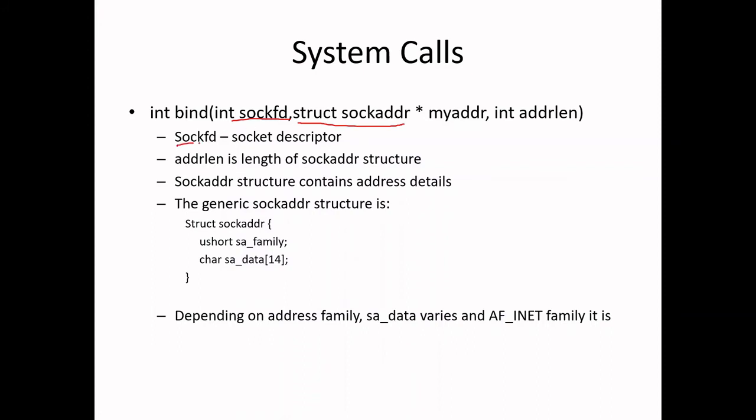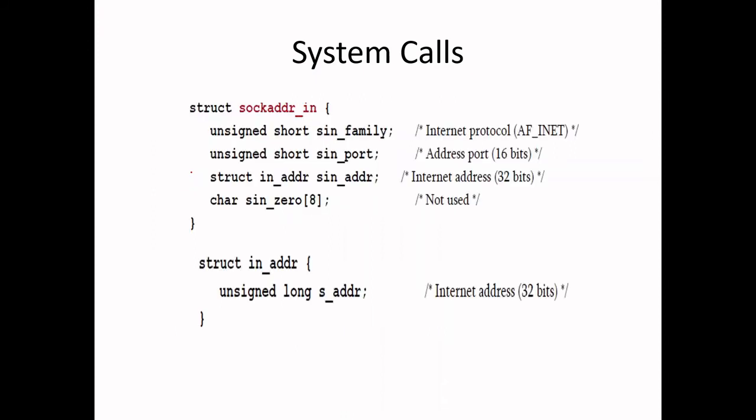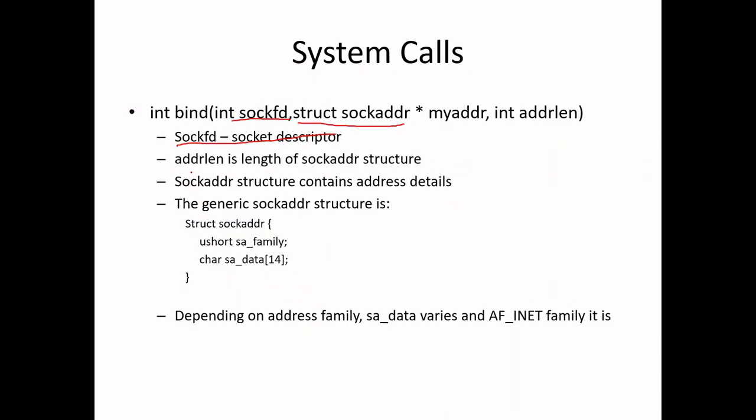The first parameter is the socket descriptor or the file descriptor associated with it. Then you have to specify the address part of it, that is the IP address along with the port number. Both have to be specified, and that is done in a standard data structure called struct sockaddr star.